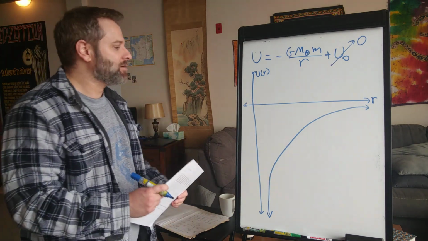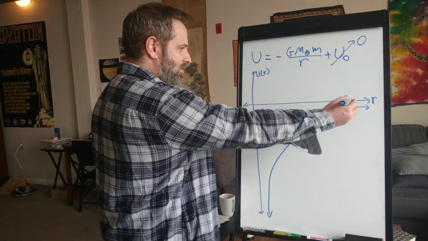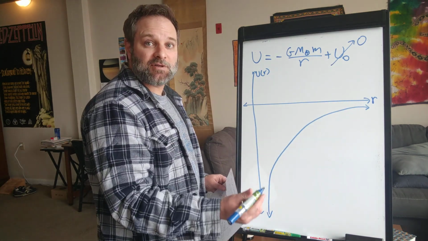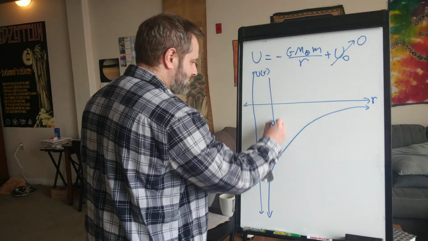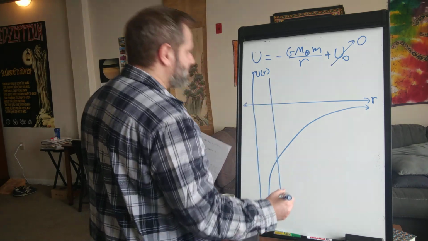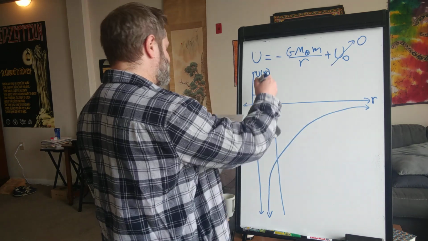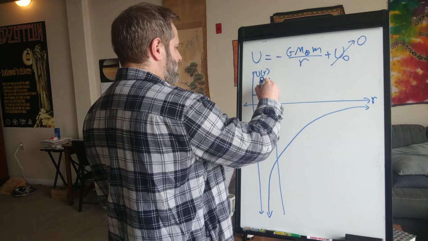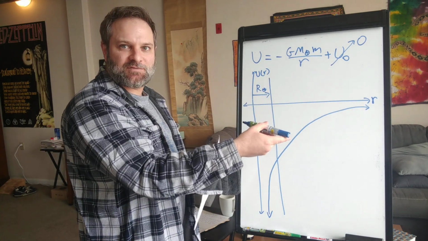So when we're doing calculations, you might worry, how do I deal with these infinities? Thankfully, physical objects get in the way. If we have the Earth, the object can't fall past the radius of the Earth. Eventually, that object falls and hits the surface of the Earth.